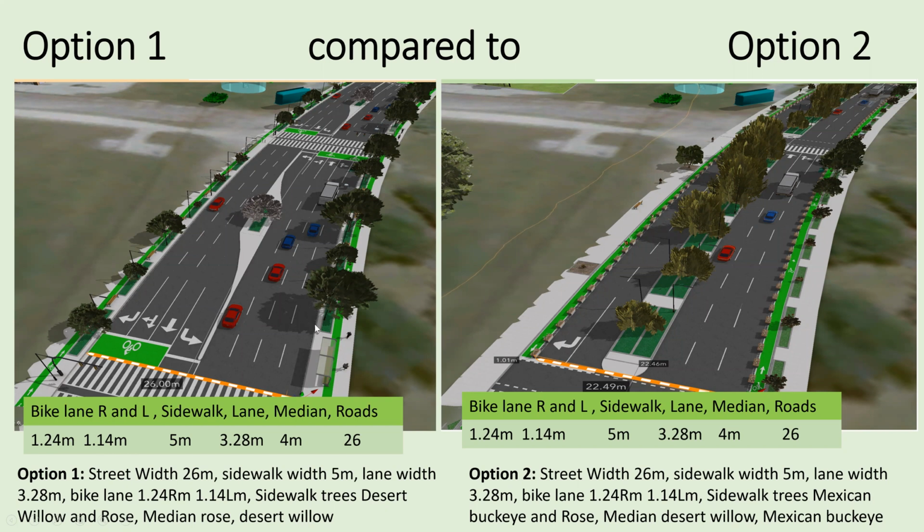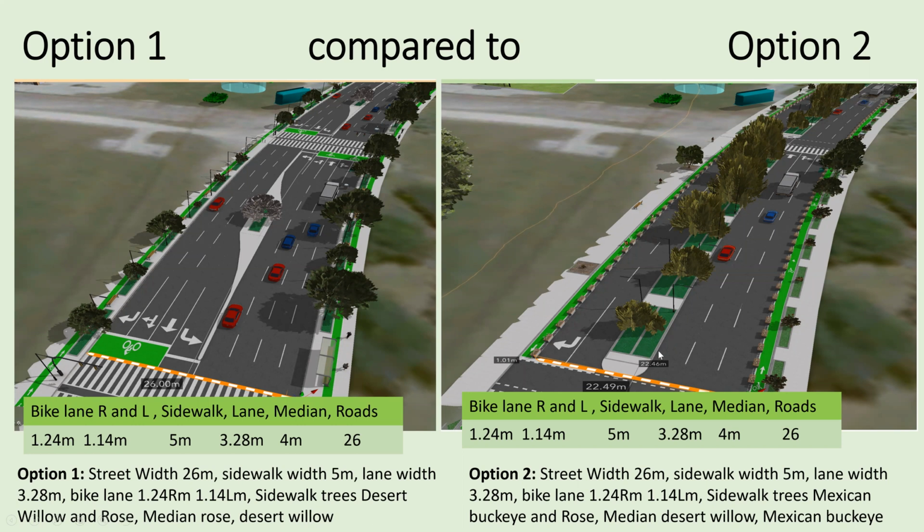In option 1, we're comparing it to option 2 here. Option 2 has, on the right side, a 26-meter street, just like option 1. But the size of the street is decreased to 22 meters because I added the bike lanes on the street, and I put planters to act as a barrier for the bike lane.